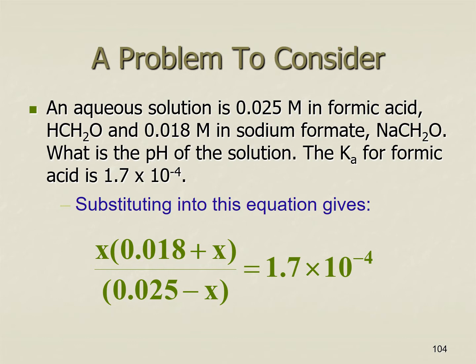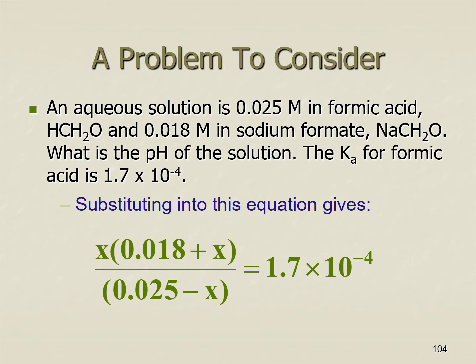Now, just like before, this would be a complicated equation to solve for X, but we're going to use our little trick that we've used before, and say, let's see if X is negligible compared to 0.025.